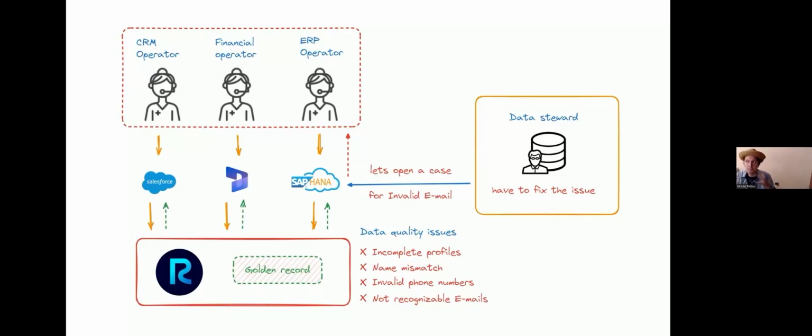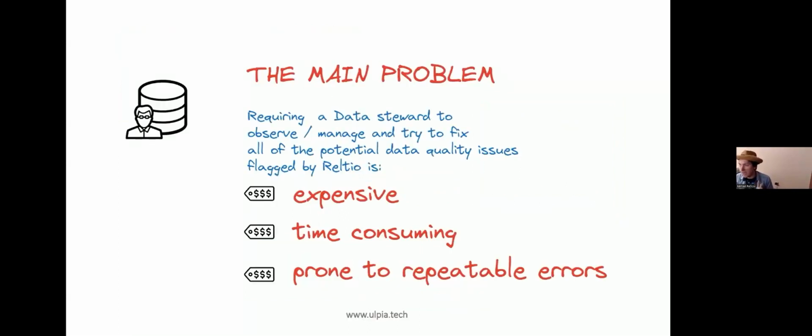Of course, if we have a busy system, this is going to be a use case which is going to be repeated numerous times on a daily basis. So the main problem that we've introduced is that we need to require the data steward to always be on alert, always observing the issues, and always trying to communicate back and forth with the different operators.